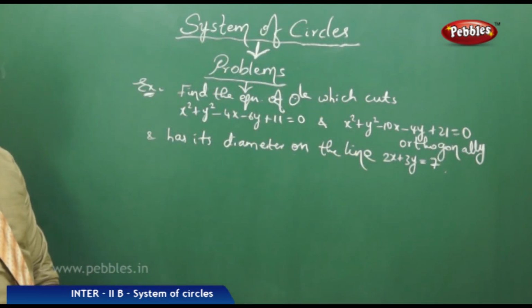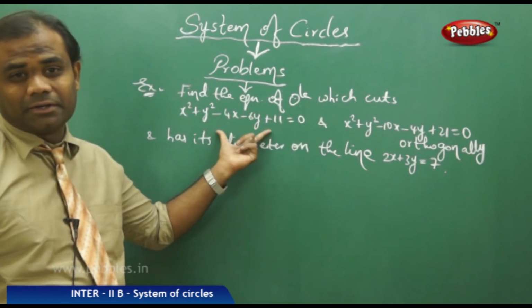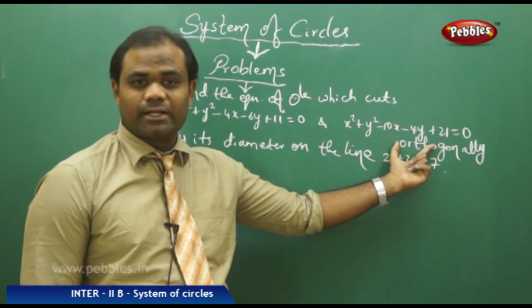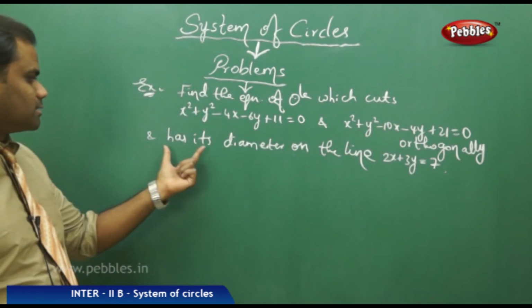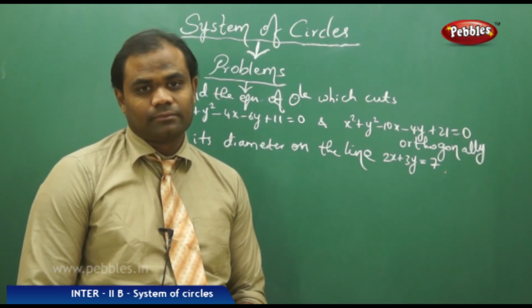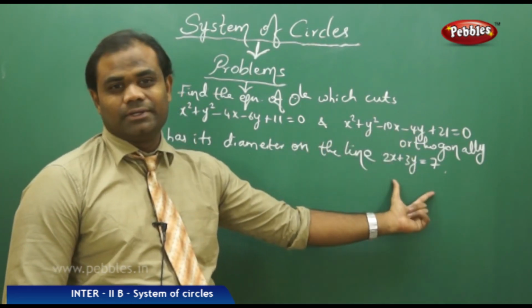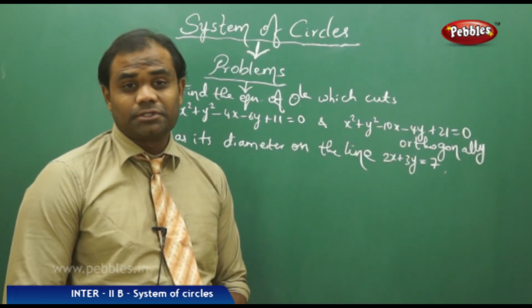So in this case, there are three conditions given: that the circle which I need to find is cutting this circle at 90 degrees, this circle also at 90 degrees, and it is having its diameter on the line 2x plus 3y equal to 7. So using the three conditions of this, this and this, I am going to find the equation of the circle.